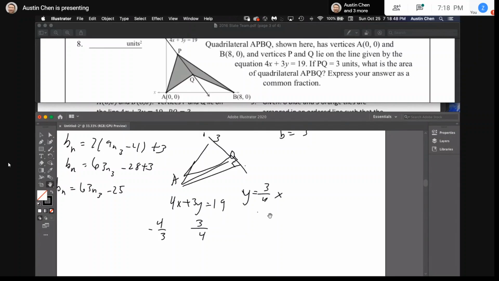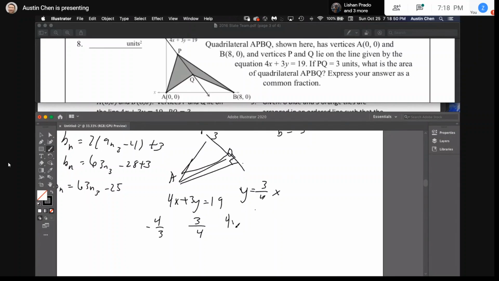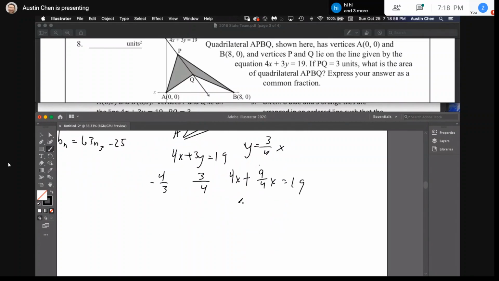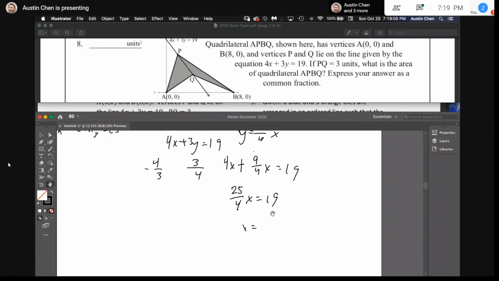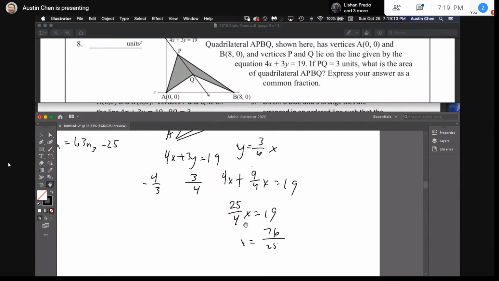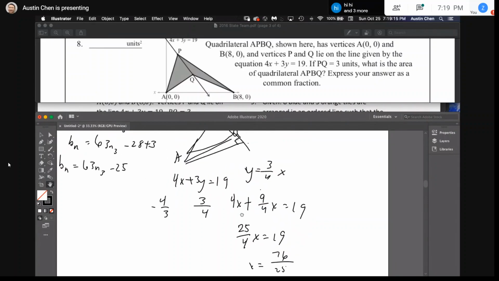So then we have 4x plus 9/4 x equals 19. So then it's 25/4 x equals 19, or x equals, oh, that's not pretty. That's 76 over 25. I think this is right. I don't think I messed up anywhere.